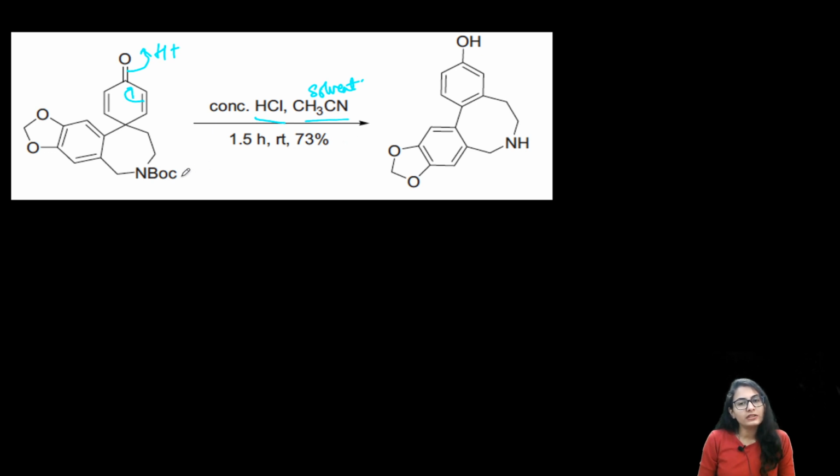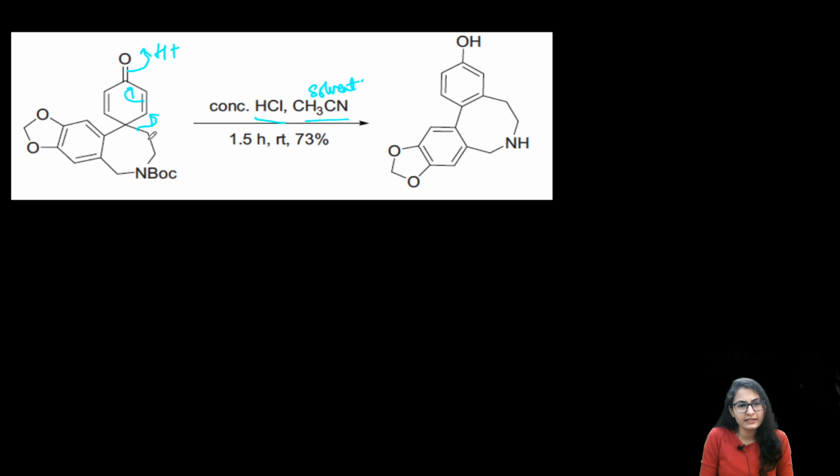Now, if you further want to draw the mechanism, you're just going to write it like this, and there is a reason why. Yes, it's going to be like this.